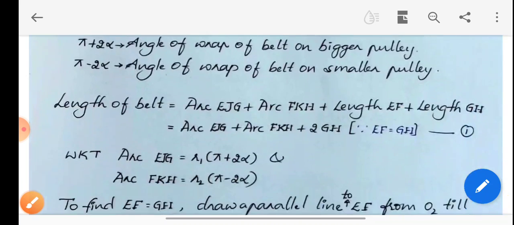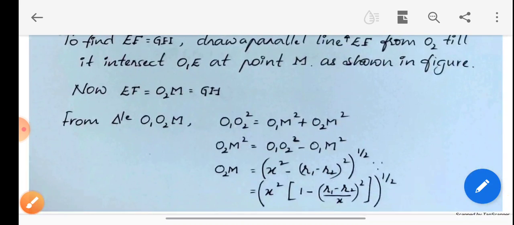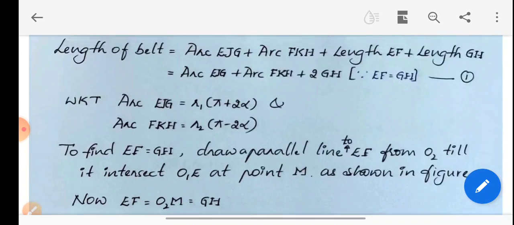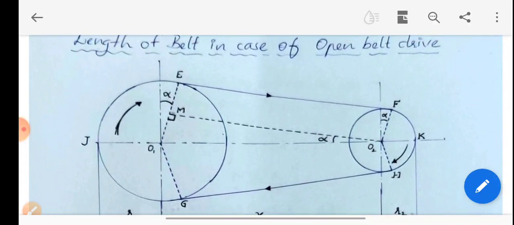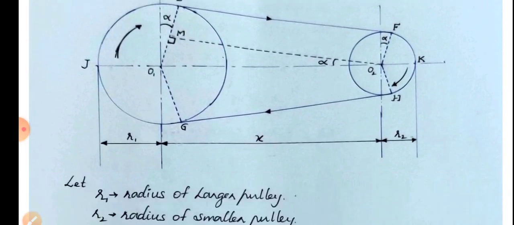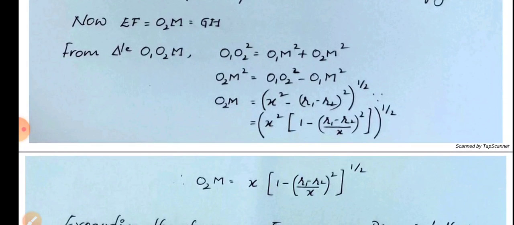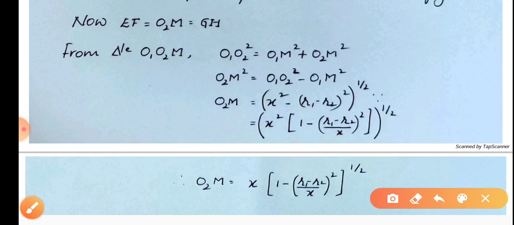That is what I have written here. But what I need is O2 M, right? So I will write O2 M square is equal to O1 O2 square minus O1 M square. I want O2 M, which is equal to the length EF, which is equal to length GH.